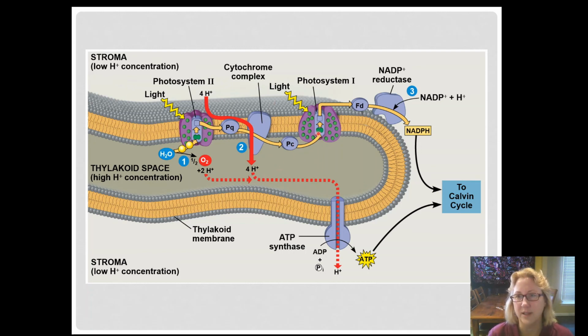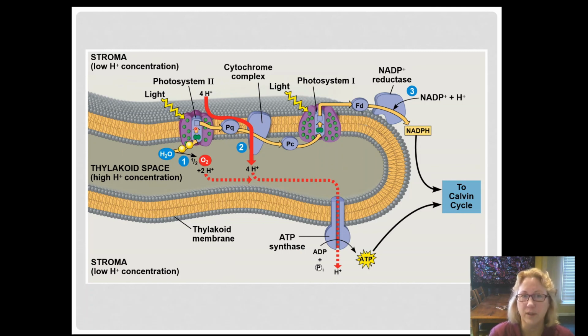Those electrons hit photosystem 1 and are bounced up to an even higher energy level, and they are passed on to an electron carrier to the enzyme, which then can reduce NADP plus to NADPH. And now we have our two energy sources in the stroma, so in the cytoplasm of the ancient bacteria, being passed on to the synthesis reaction. So that's the light reactions.